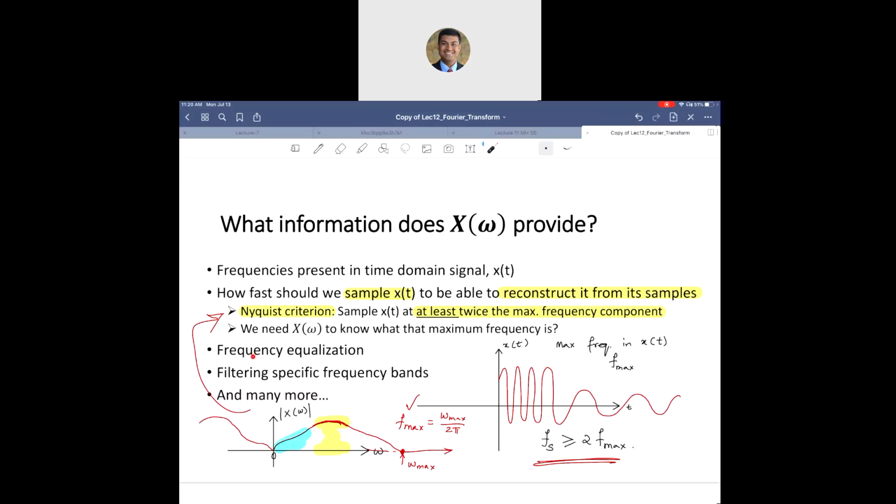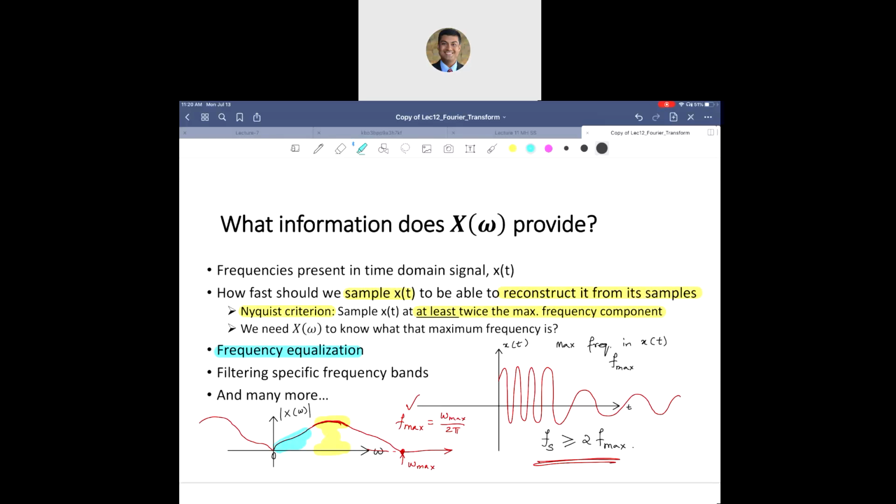Okay, let me erase this now and let's go to the next point. The next point is frequency equalization. So I'm going to just talk about it for a minute. What is frequency equalization?